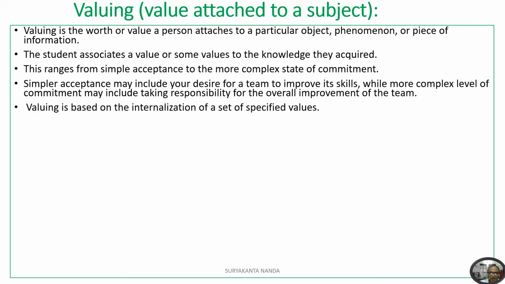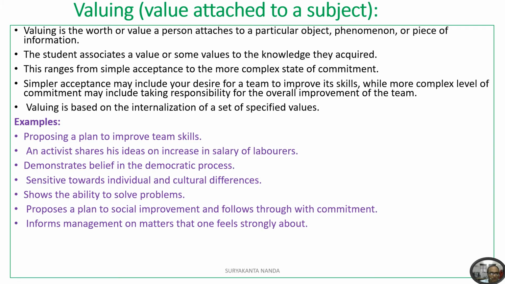Valuing is based on the internalization of a set of specified values. Examples are proposing a plan to improve team skills. An activist shares his ideas on an increase in salary of laborers, demonstrates belief in the democratic process, is sensitive towards individual and cultural differences, shows the ability to solve problems, proposes a plan for social improvement and follows through with commitment, and informs management on matters that one feels strongly about.